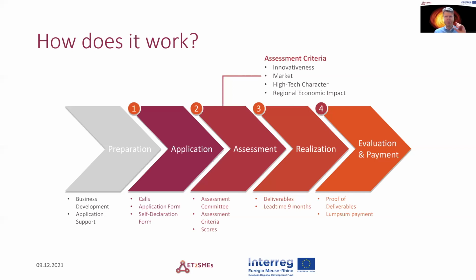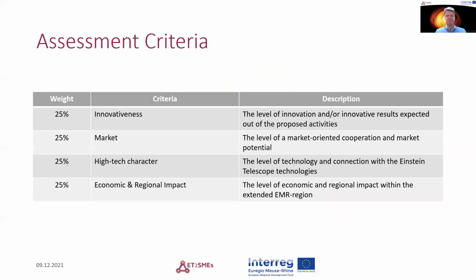What's really important to keep in mind is that since we have a fairly limited runtime of this project, we also have an ultimate end date of the voucher scheme. That's really an ultimate end date where all the projects have to be ended, because we still need some time to complete and finalize the voucher scheme administration.